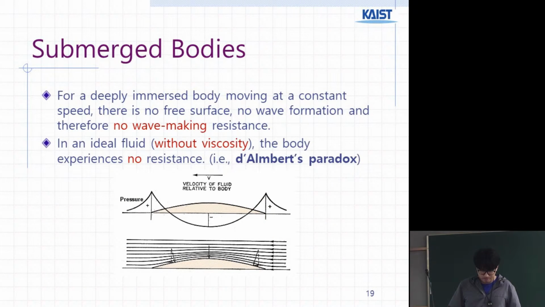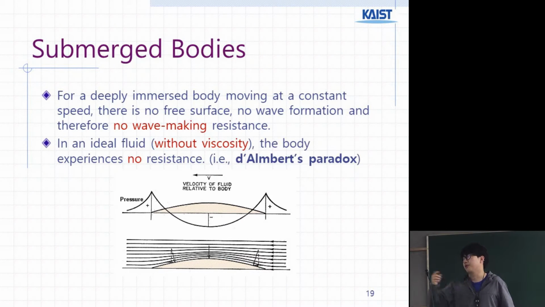And then submerged bodies. As you know, a submerged body means a deeply immersed body moving at a constant speed. There is no free surface, no wave formation, and therefore no wave making resistance. In an ideal fluid, meaning without viscosity, the body experiences no resistance.